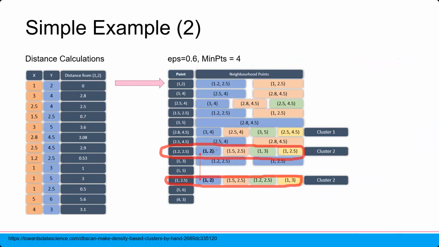We have 1,2, 1.5,2.5, 1,2.5, 1,3, and 1.2,2.5, which is also the same. Then those two are cluster 2 because the details of the neighborhood points are the same.